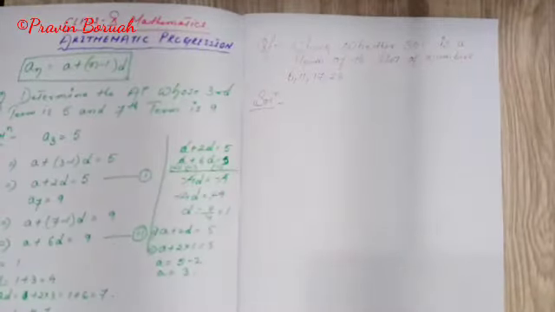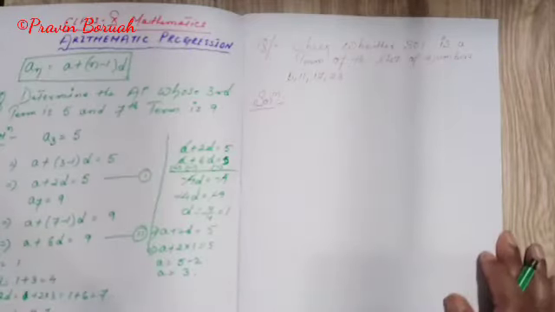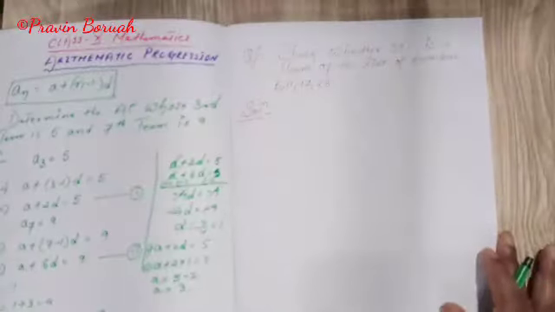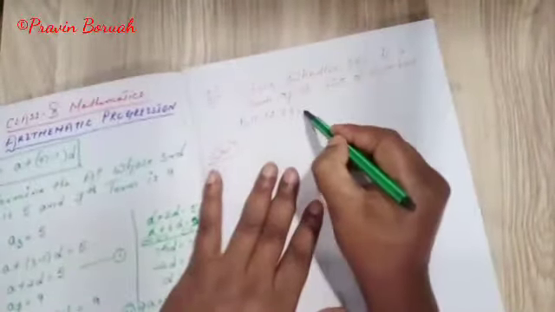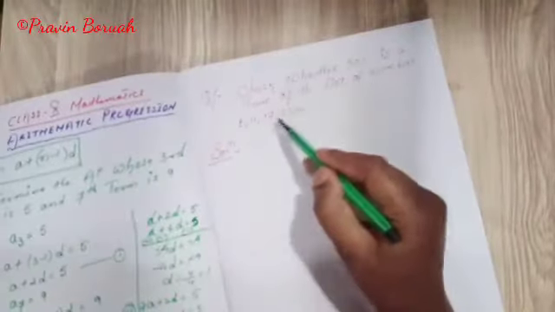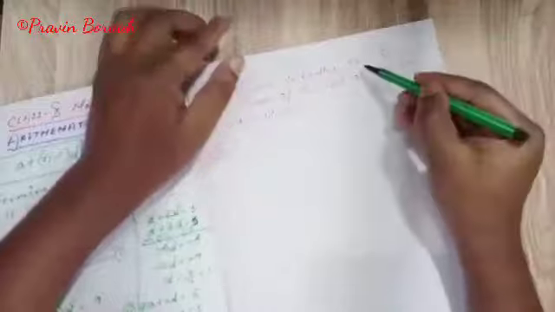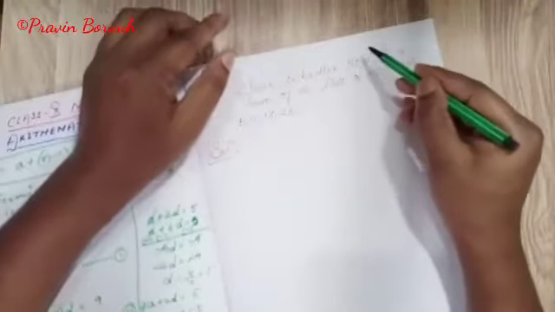Okay, now let us see one more question. The question is, check whether 301 is a term of the list of numbers 5, 11, 17, 23, and so on. Means here one series is given: 5, 11, 17, 23. In this series, you have to find out whether this number 301 lies in it or not.